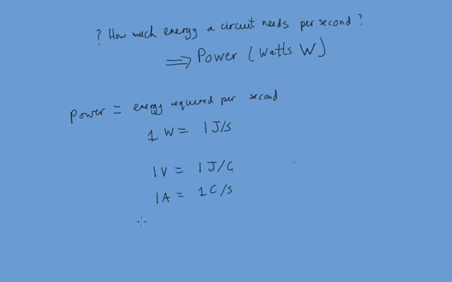So if we multiply these together, we get joules per coulomb times coulombs per second, which is joules per second, which is what we've defined power as. So we have found that power is worked out by current times voltage.